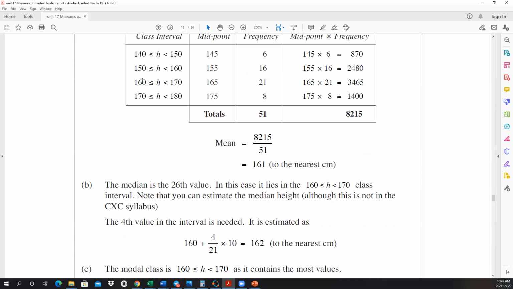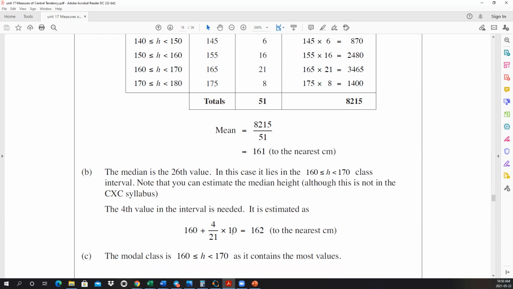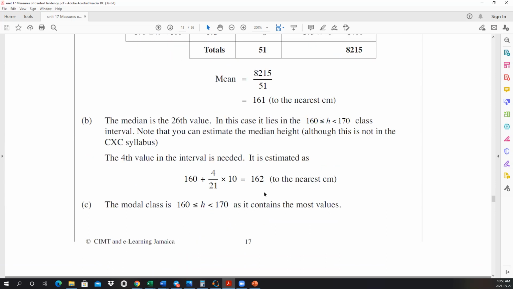10 will represent the interval itself, right? 160 to 169, something, that is 10. I need to work out this calculation, 160 plus 4 over 21 times 10, equals 162.